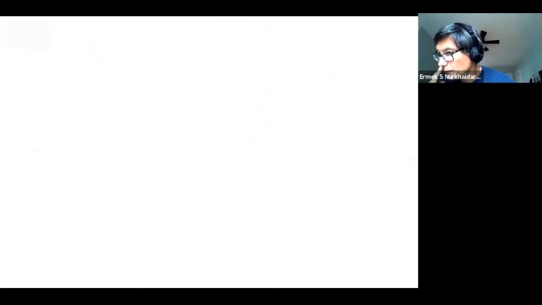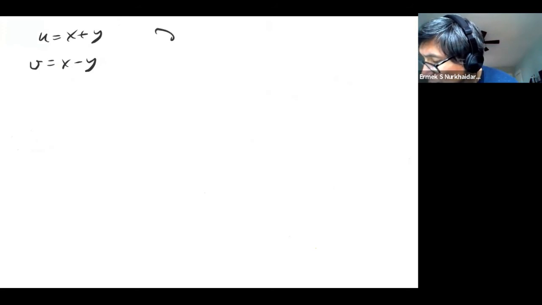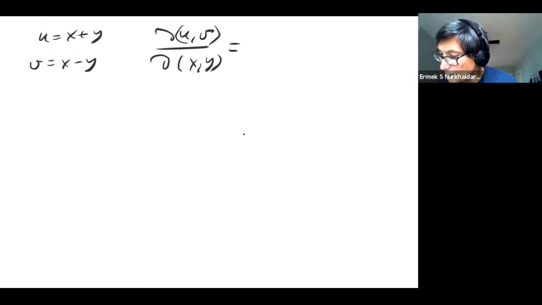Recall that u equals x plus y, v equals x minus y. So instead of calculating straightforwardly, I do the Jacobian from u, v to x, y. So I'm going to get 1, 1, 1, minus 1. So I'm going to get negative 2.